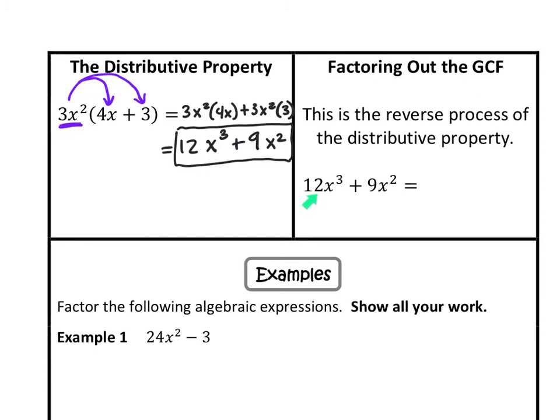In other words, what number can I divide both 12 and 9 by? Well, I can divide by 3. I can divide 12 by 3, and I can divide 9 by 3. So if I'm looking for the GCF, I'm looking for a number that can divide both the 12 and the 9, and that number is 3.